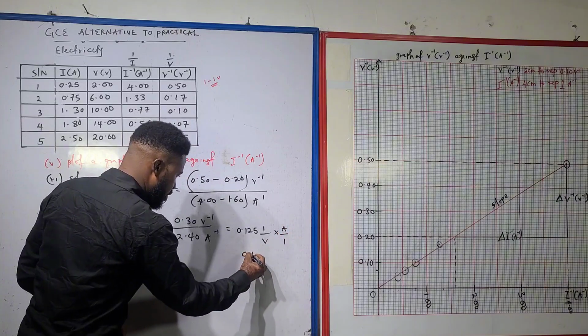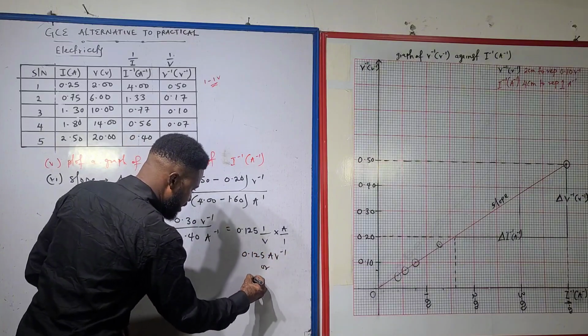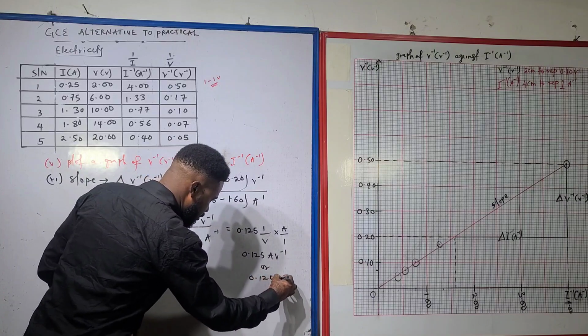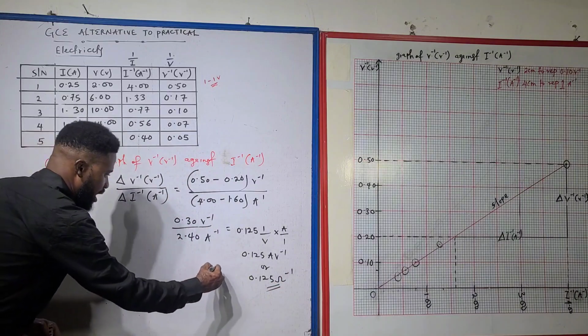So that gives 0.125 ampere per volt, which is the same thing as saying 0.125 per ohm. So this represents my slope.